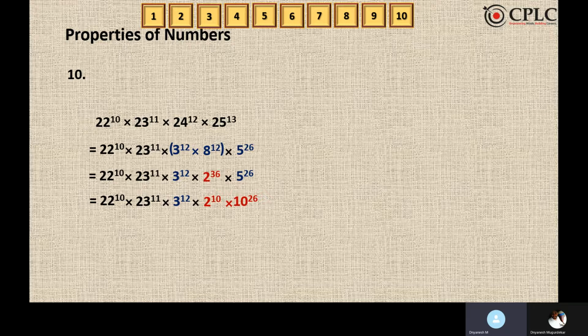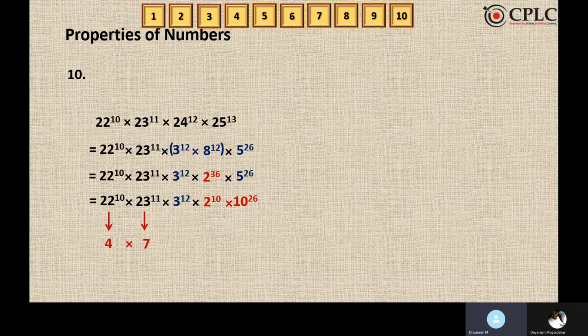This is where the idea of cyclicity and last digit will come into the picture, the concept that we have seen earlier. So 22 raised to 10, for us it is as good as 2 raised to 10. Find out the last digit of that using the concept. So when you do that, last digit of that turns out to be 4. For 23 raised to 11, last digit will be 7.